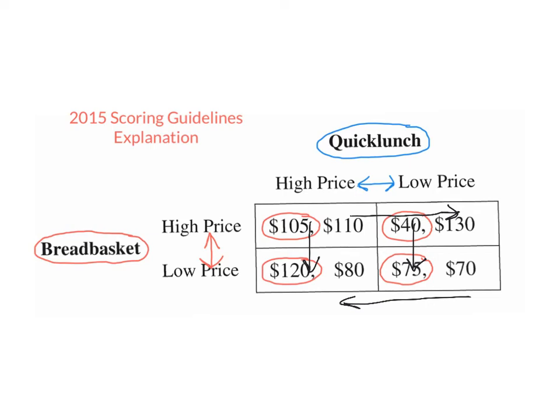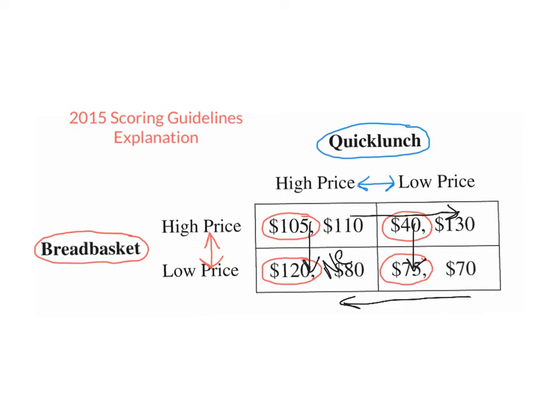So in this particular case, Nash equilibrium does exist at the point where Breadbasket would have a profit of $120 and Quick Lunch would have a profit of $80. Once again, Nash equilibrium exists in that quadrant because in that quadrant, both companies are stuck.